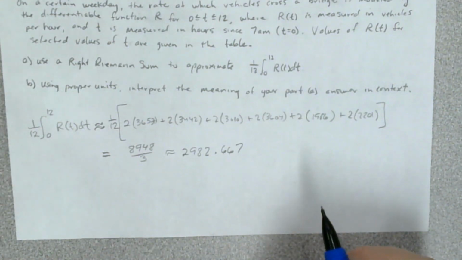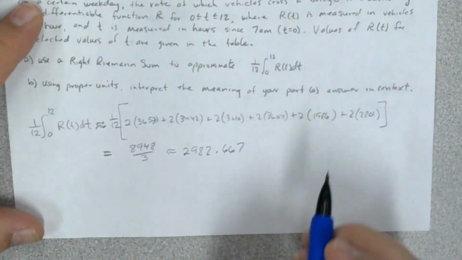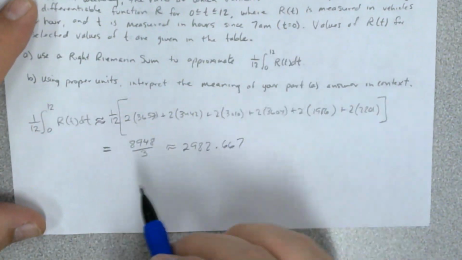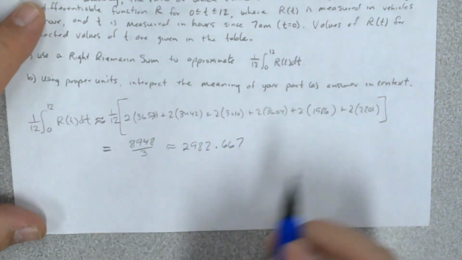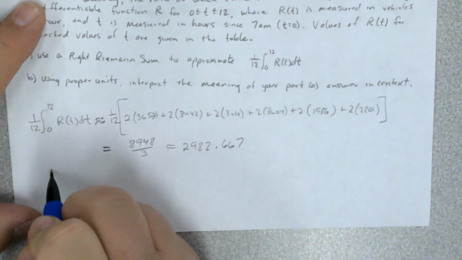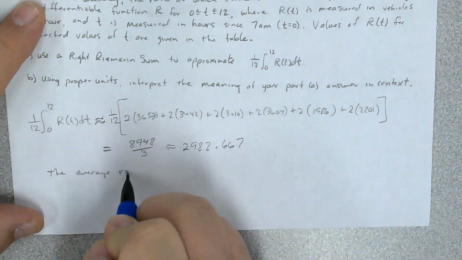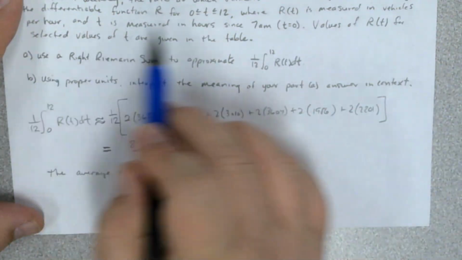Part B is to interpret this answer in proper units in context of the story. So again, use the story question to help you answer your question. Use all the context of the story in your answer so that it makes sense. So we found the average rate. Okay, this is the rate of what? Measured in vehicles per hour that cross the bridge, correct?